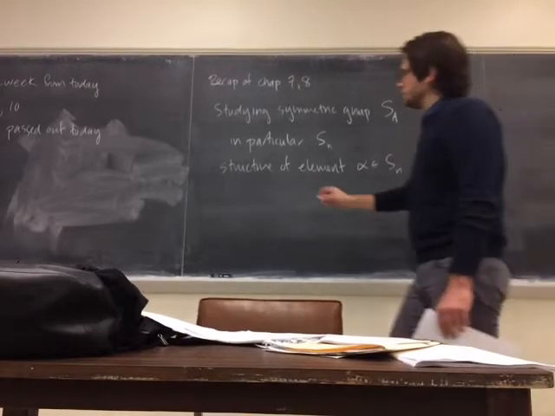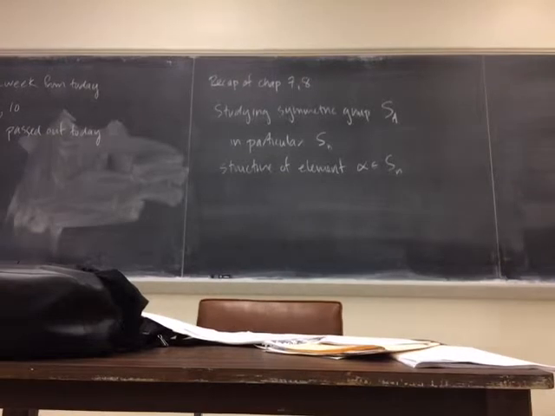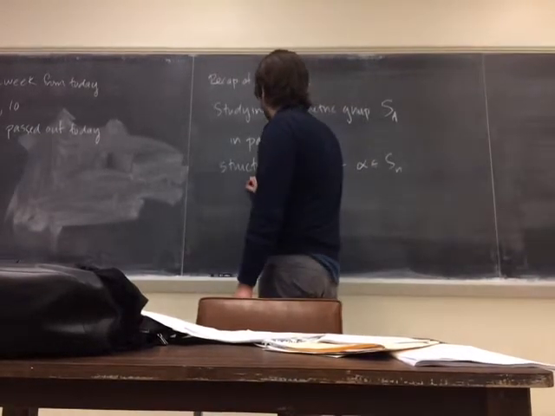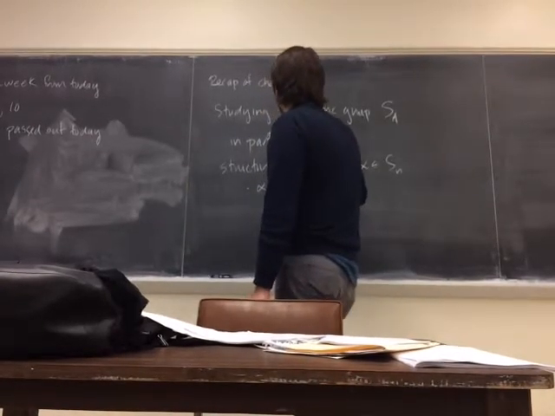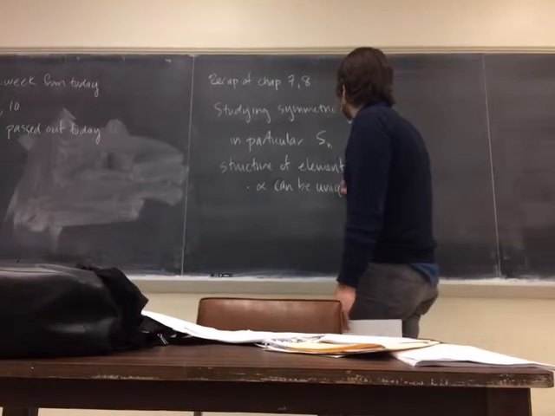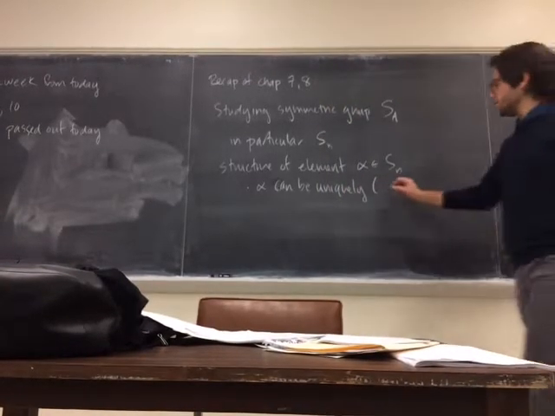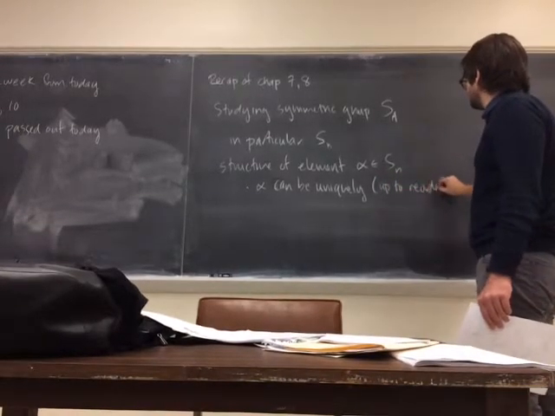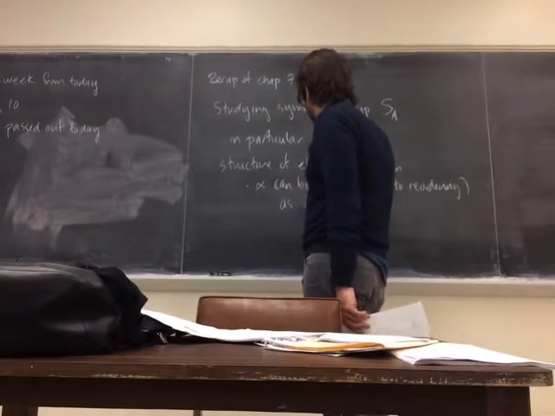Let me remind you that our main observation was that there's a canonical, well-defined factorization. First of all, alpha can be uniquely written, and uniquely always has a little caveat here because it's up to reordering, as a disjoint product of cycles.